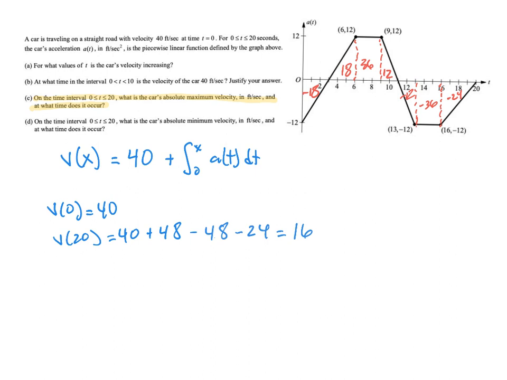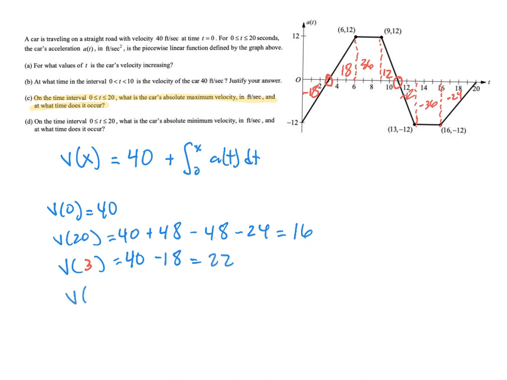And then we also have to check the critical points. Critical points are places where the acceleration is 0. So I think you'll agree that we have a critical point at 3 and a critical point at 11. And so we also have to check v of 3 and v of 11. I'll put these critical points in red. V of 3 is going to be 40 minus 18, which is 22.